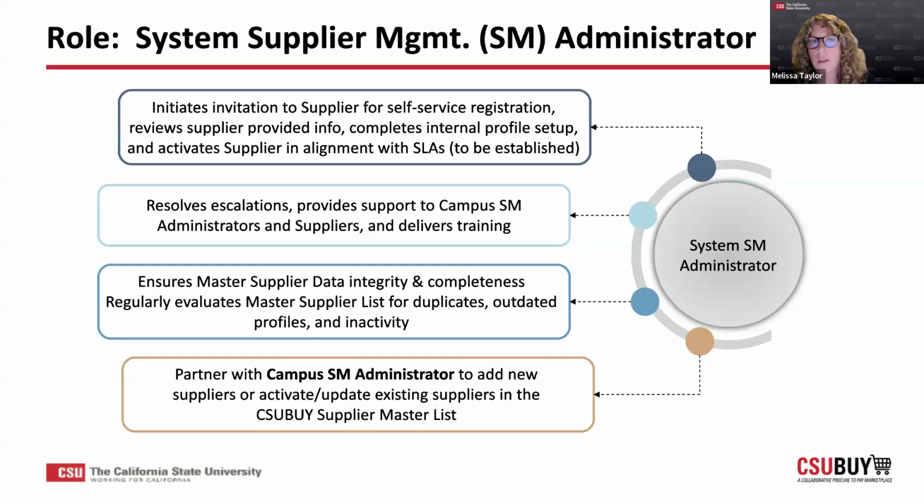So it's a lot of two-way communication pathway between these two user groups to make sure that our suppliers are added to the network, and any updates are pushed through the system, or make sure that the supplier master list is as updated as possible at all times.